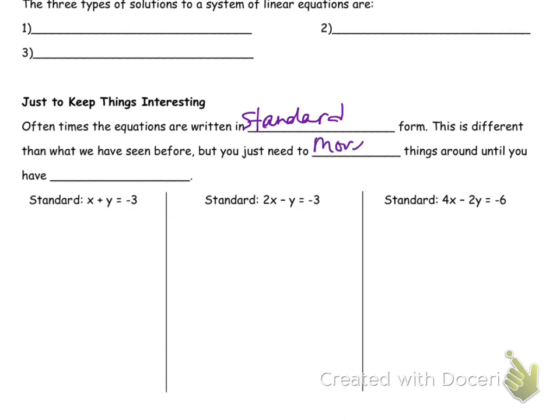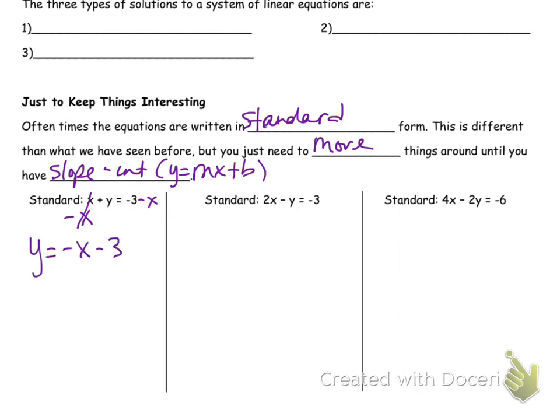We've talked about going from standard form to y equals, slope-intercept, which is y equals mx plus b. And the way you do that is simply move ax and divide by b. Now this one doesn't have a b, so we just have y equals negative x minus 3.